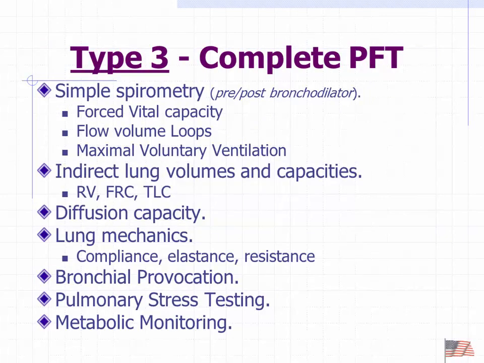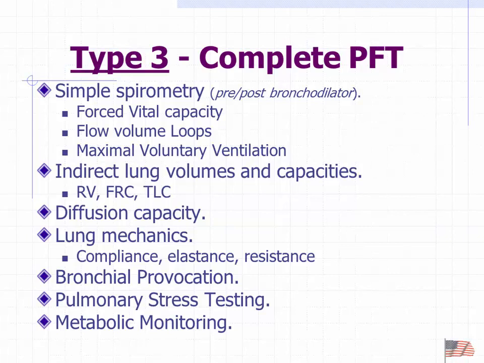And we talked about pre-op. A complete PFT includes not only that simple spirometry, but it also measures our lung volumes and capacities. So we're going to use something like helium dilution, nitrogen washout, or the body box to be able to determine the FRC, and from that we can determine the residual volume and the residual volume to total lung capacity ratio.